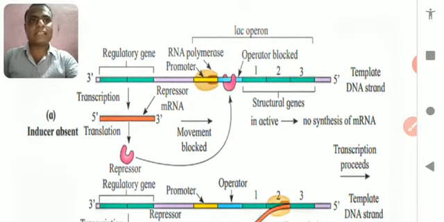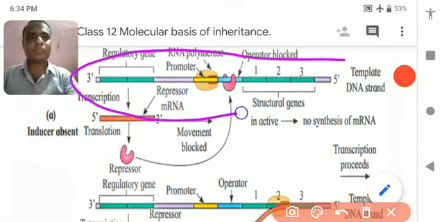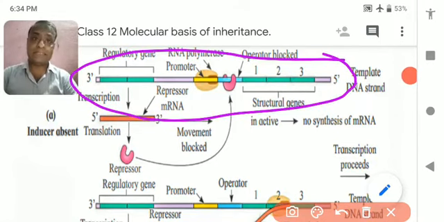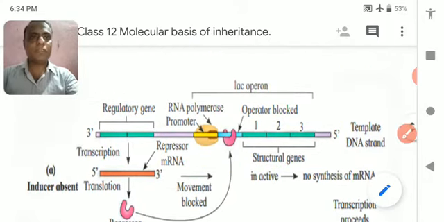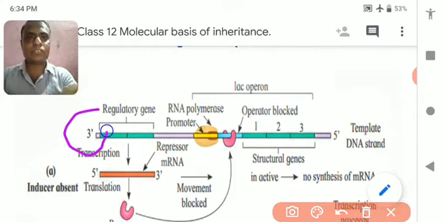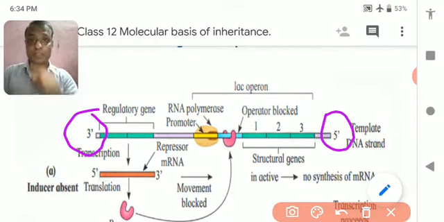Okay, so this is a piece of gene. There are different kinds of genes present over here. Just see: first it is the 3' end, and this is the 5' end. Point to be noted.